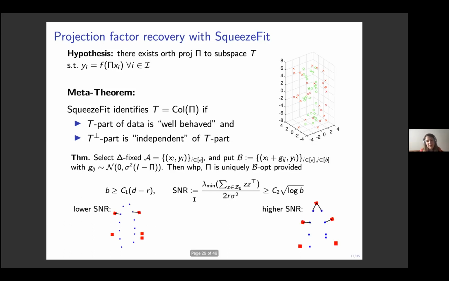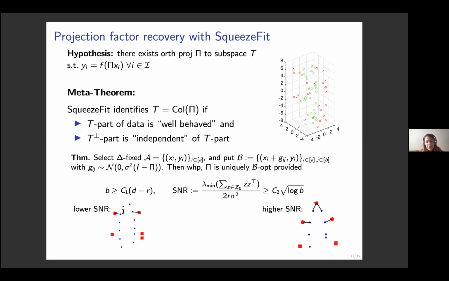The notion of SNR has to do with how well conditioned are these contact vectors that we discussed before, like how well conditioned are these difference vectors that have the shortest distance. So here you can think that if these are the shortest vectors of length delta, they are linearly independent, but they're almost parallel.